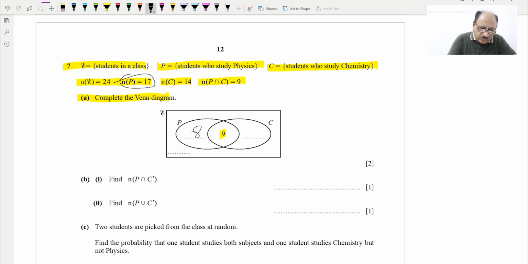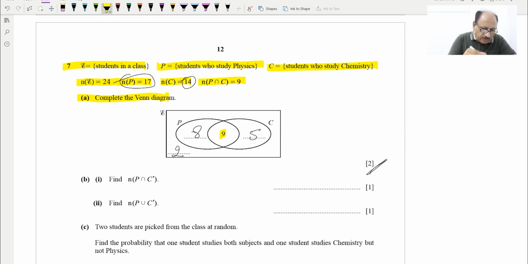And n of C is what? n of C is 14. So 9 are already written, so 5 will be here, and the universal set is total 24. If we subtract 8, 9 and 5 from 24, we'll get 2, and this will be 2 marks. We have completed this.